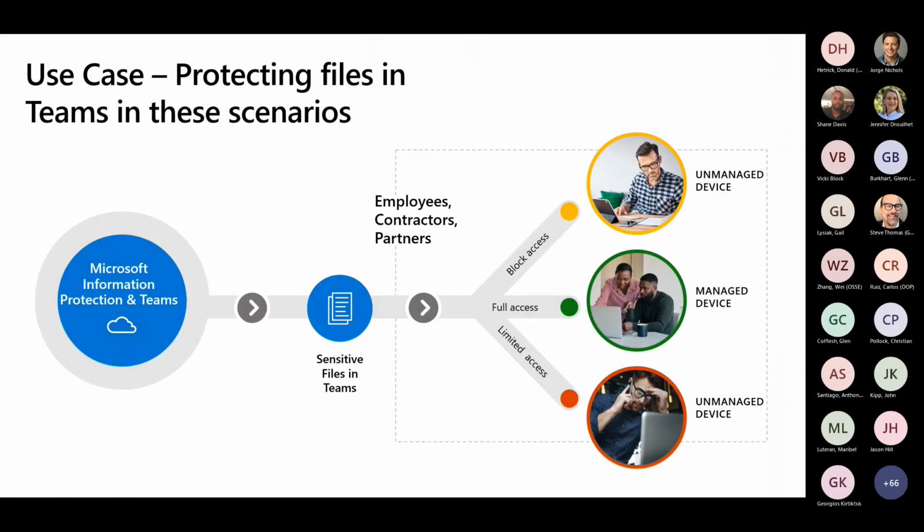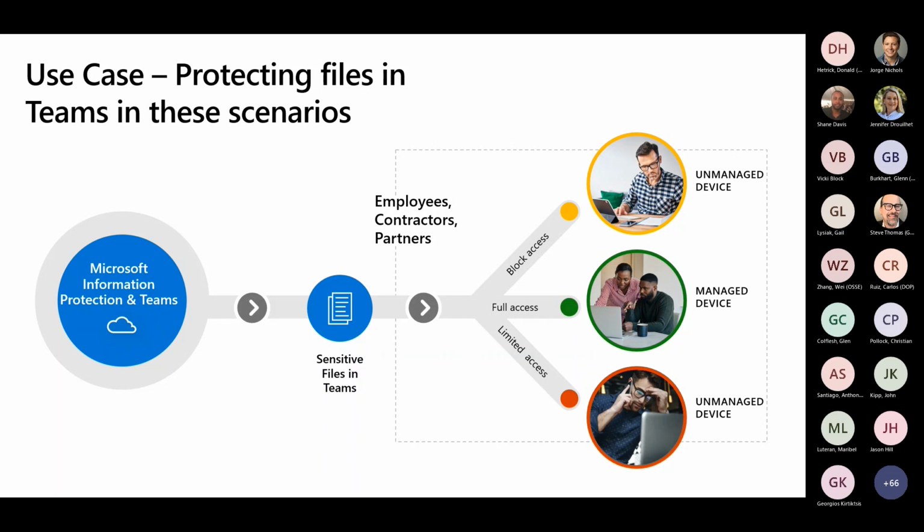But this is the use case we're here to talk about today. Teams undoubtedly has increased our ability to collaborate. I'm constantly on Teams. I'm in meetings, I'm looking at files in one of my Teams channels, or I'm chatting with my coworkers.